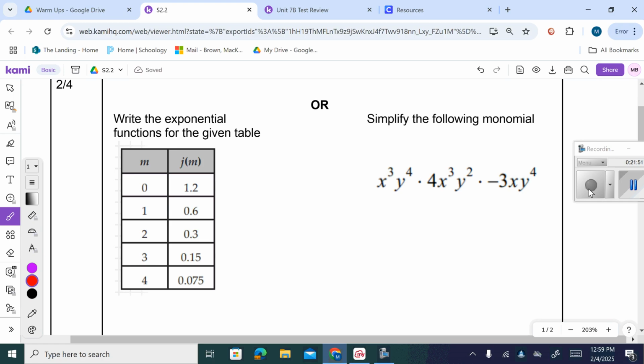Alright, good. Now you gotta write it as a function. Need something like this.